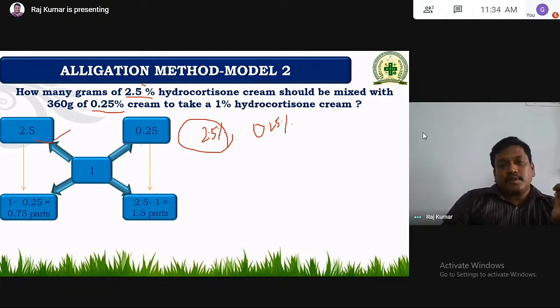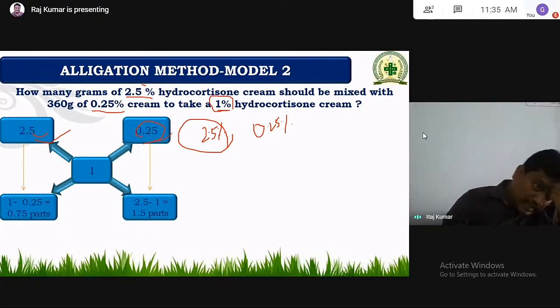So the weaker concentration will be 0.25%. You have to prepare 1% hydrocortisone cream from 2.5% and 0.25% hydrocortisone. By using these two concentrations, you prepare this concentration. This is the higher concentration, this is the lower or weaker concentration.